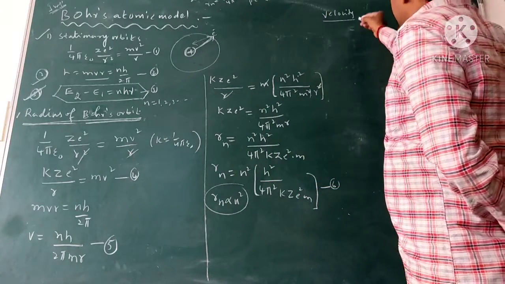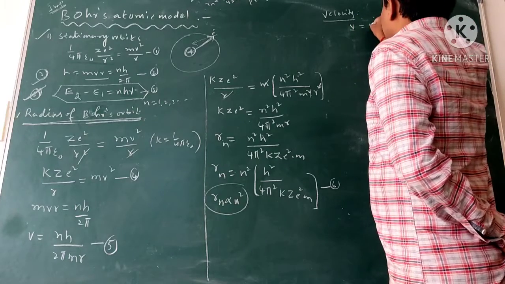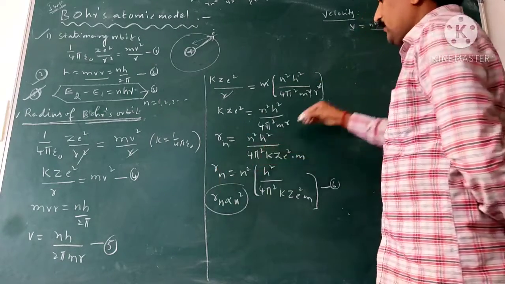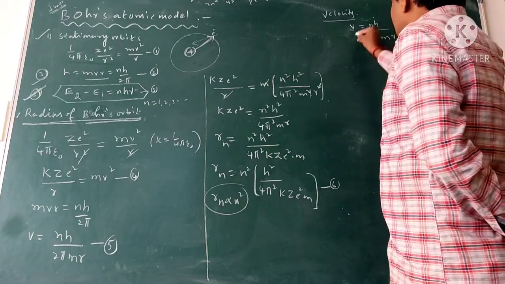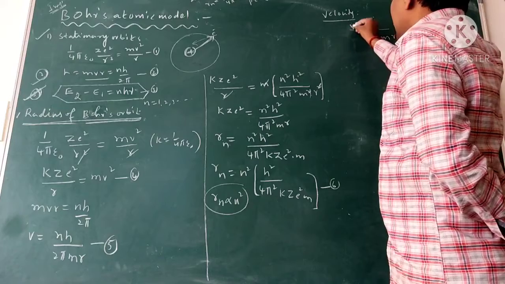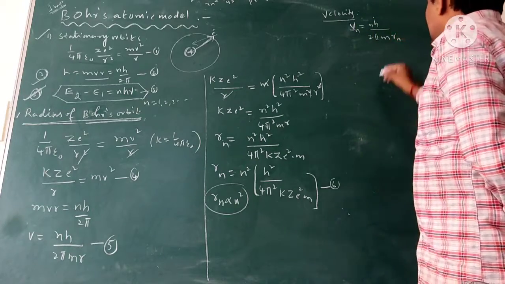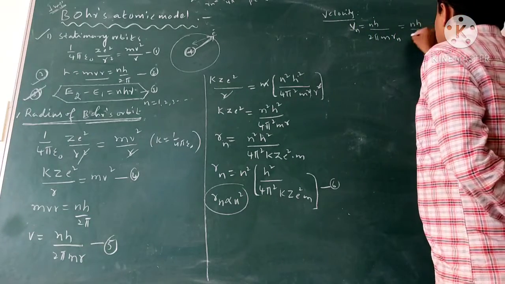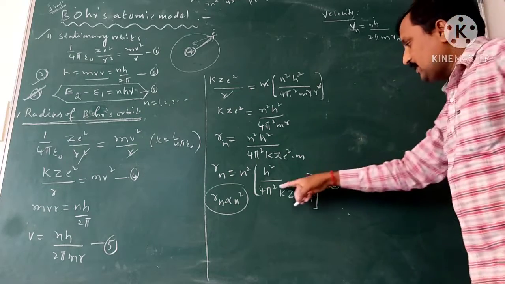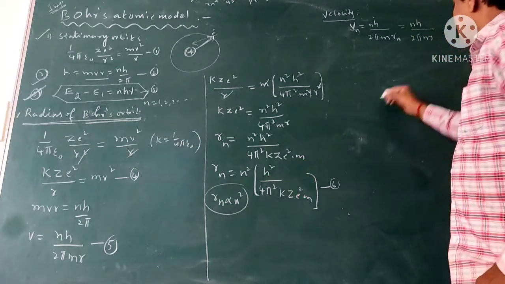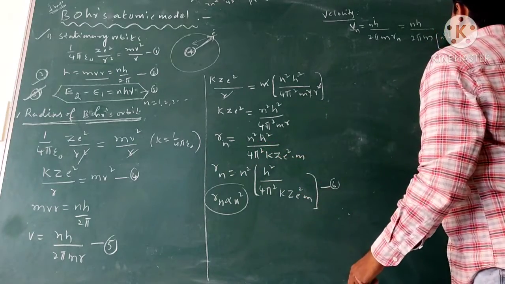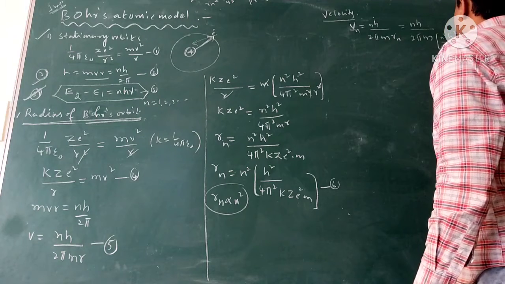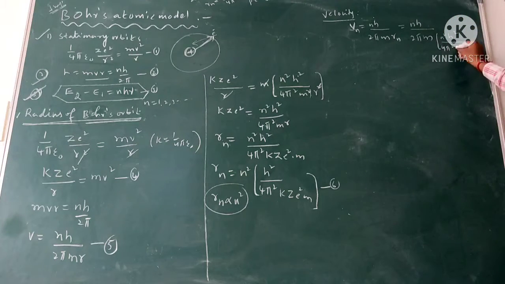We know that velocity v is equal to nh by 2 pi m into rn, according to equation 5. So vn, the velocity of nth orbit, is equal to nh by 2 pi m into, what is the value of rn? Substitute the value: Rn means n square h square by 4 pi square k z e square m.